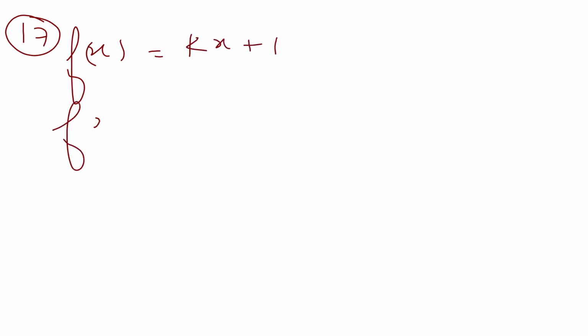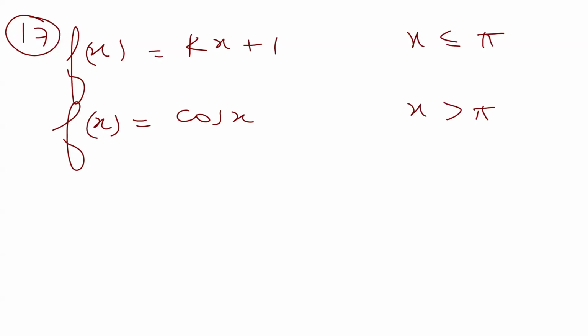That is question number 17. Okay. Find the value of k so that the function f defined by f of x is equal to kx plus 1, x is less than or equal to pi, and f of x is equal to cos x, x is greater than pi, is continuous at x is equal to pi.